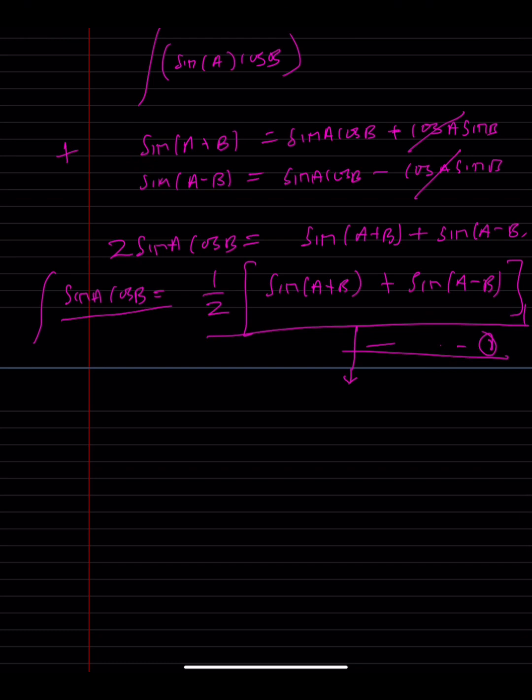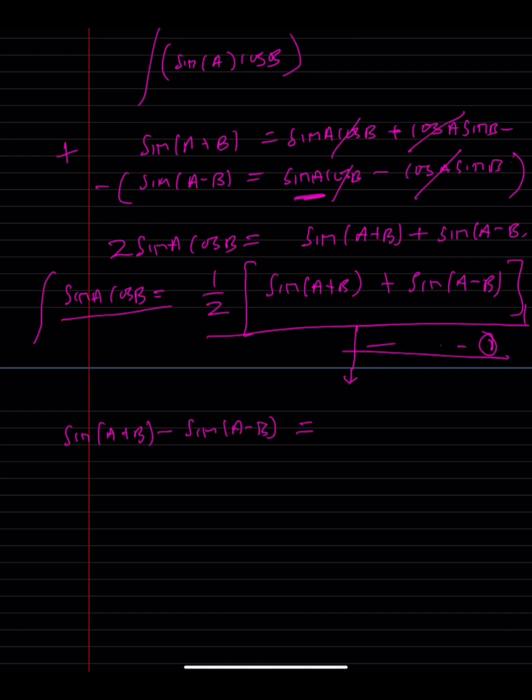So when we subtract one from the other, we are going to get, let's say, sine A plus B minus sine A minus B. Because we are subtracting this one from the upper one, this part becomes negative, and therefore this one goes away.